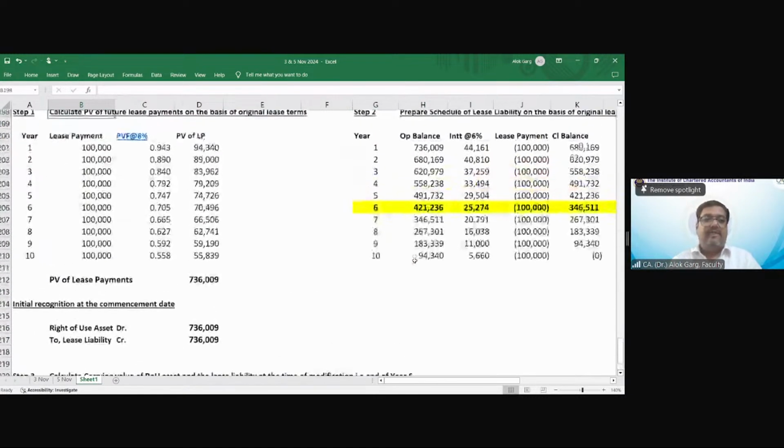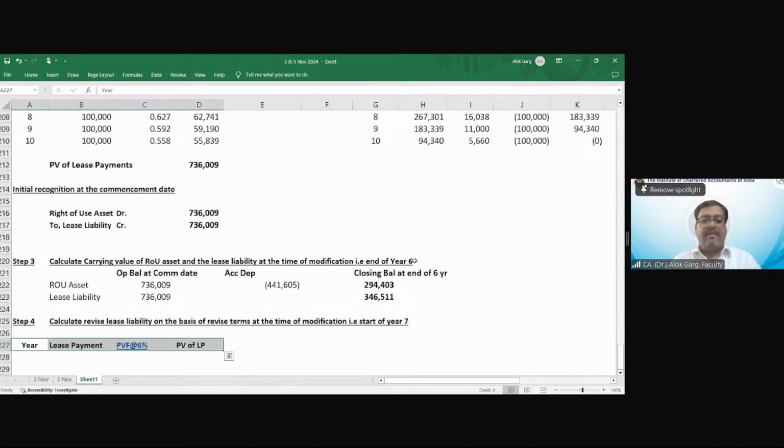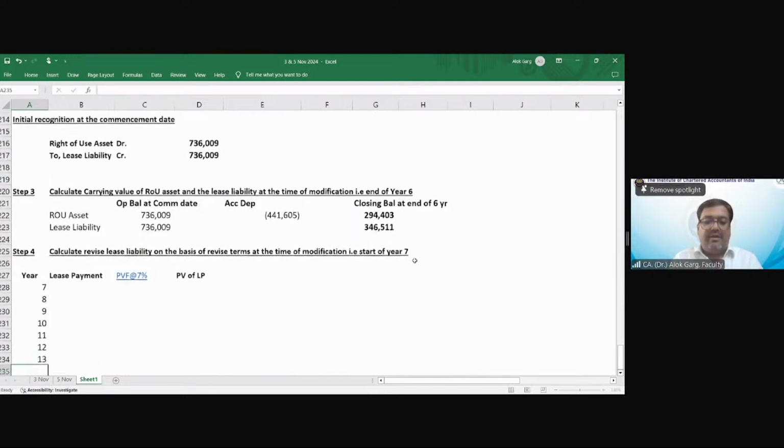Again, same yearly lease payment. Present value factor at 6% or 7%? 7%. How many years? 8 years, 4 plus 4. Today, at the end of year 6, you are computing future lease payments: year 7, 8, 9, 10, 11, 12, 13, 14.